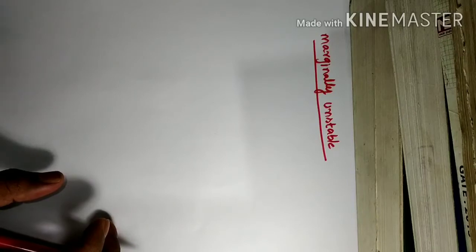So what marginally stable actually means is that all the poles lie in the left half of the S plane, but there are simple roots on the imaginary axis. Just note down, simple roots on the imaginary axis.